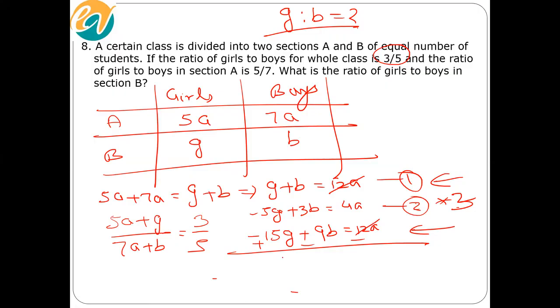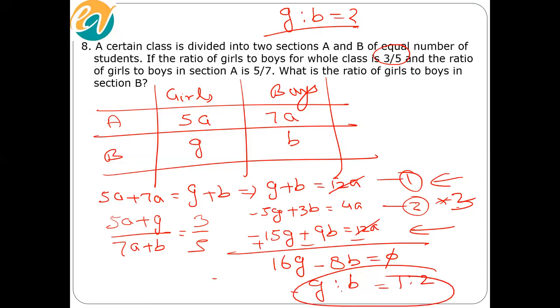So what am I left with? 16G minus 8B is equal to 0, correct? So G is to B, basically 16G is equal to 8B. So G is to B is equal to 1 is to 2. That's the answer, which is what we had to find out, right? The ratio of G is to B, and the answer is 1 is to 2.